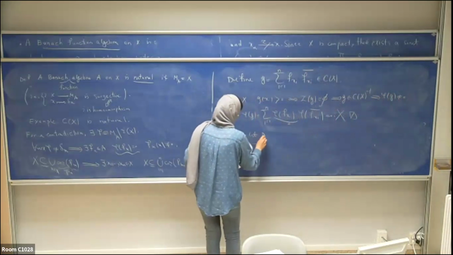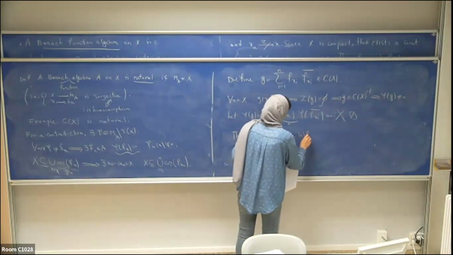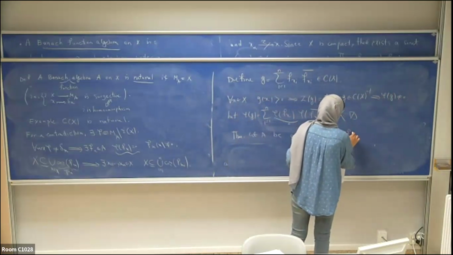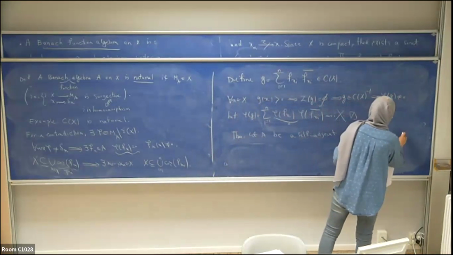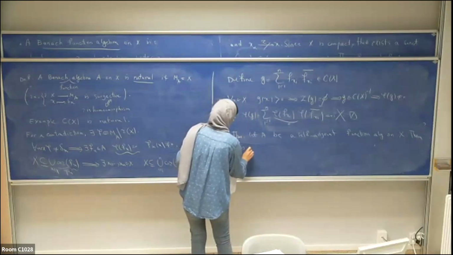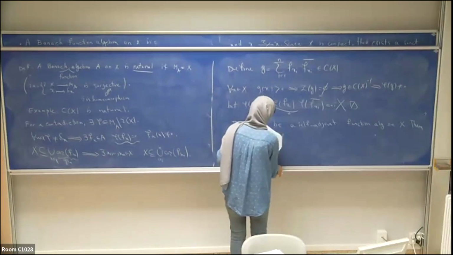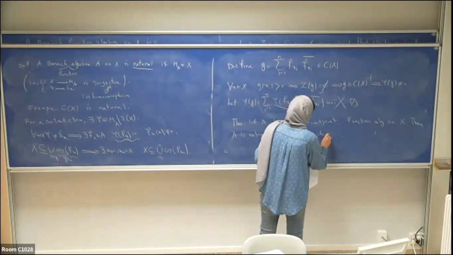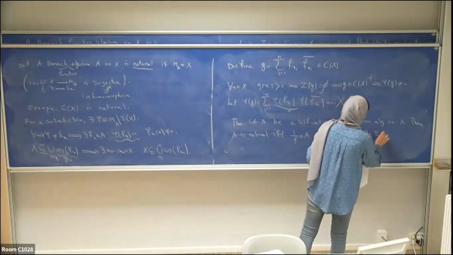Okay, and the proof is also similar. Let A be a self-adjoint function algebra on X. Then A is natural if and only if 1 over F is in A whenever F is in A with empty zero set.